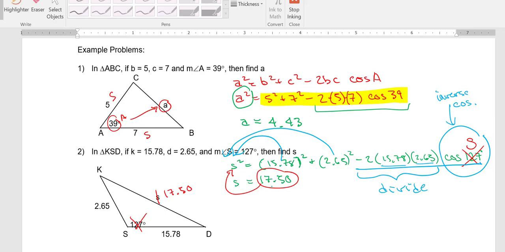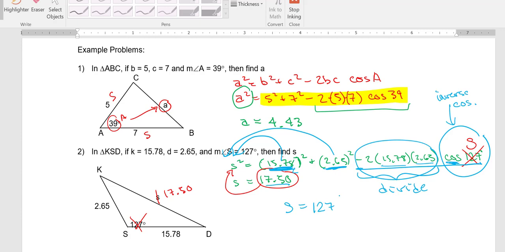You're going to take 17.5 squared, subtract 15.78 squared, subtract 2.65 squared, divide that entire answer by -2 times 15.78 times 2.65, and then take the inverse cosine of the entire amount. You should get something close to 127. I think you actually get like 126.9 or something like that because of the rounding that we did on the first part.